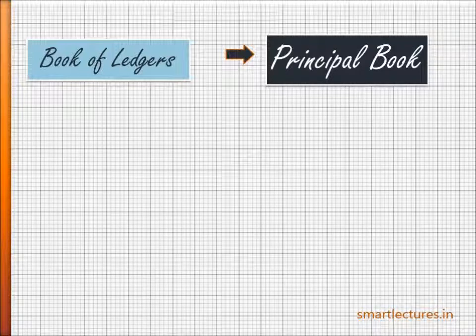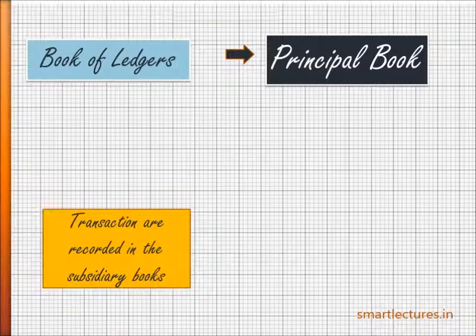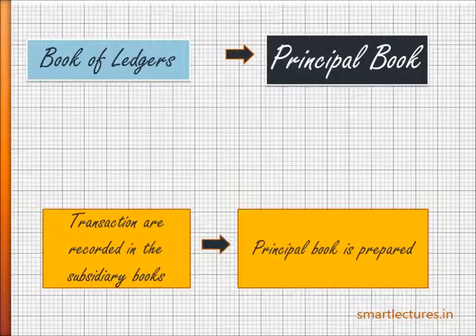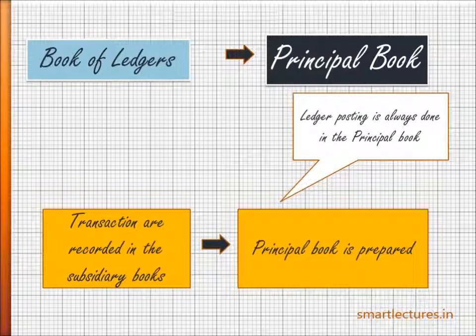So now you know the meaning of the principal book and subsidiary books. So you can say in this accounting cycle, first of all, transactions are recorded in the subsidiary books, and on the basis of subsidiary book, principal book is prepared, means ledger posting is done. Ledger posting is always done in the principal book.